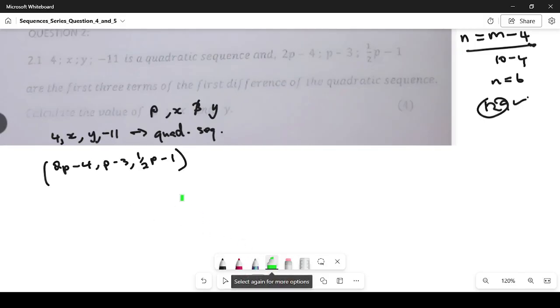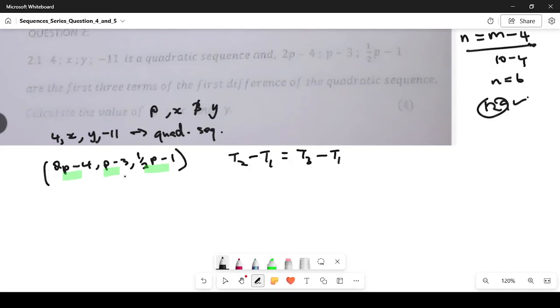So using these terms, I know that these terms form a linear sequence, and therefore I can construct an equation and say term number 2 minus term number 1 is equal to term number 3 minus term number 2, because the difference is consistent, because this is a linear number pattern.